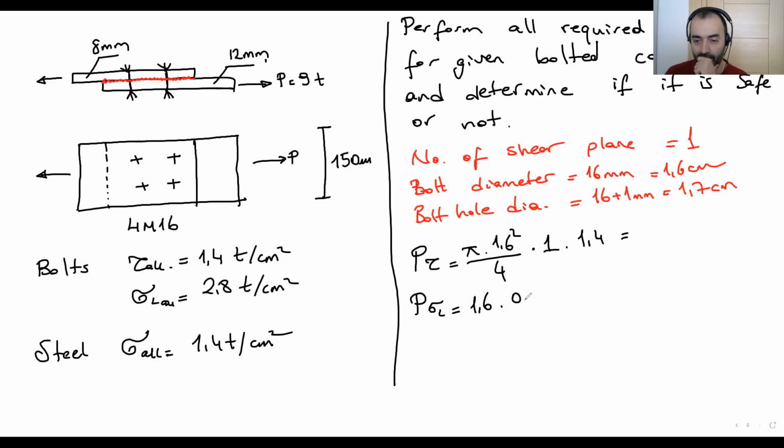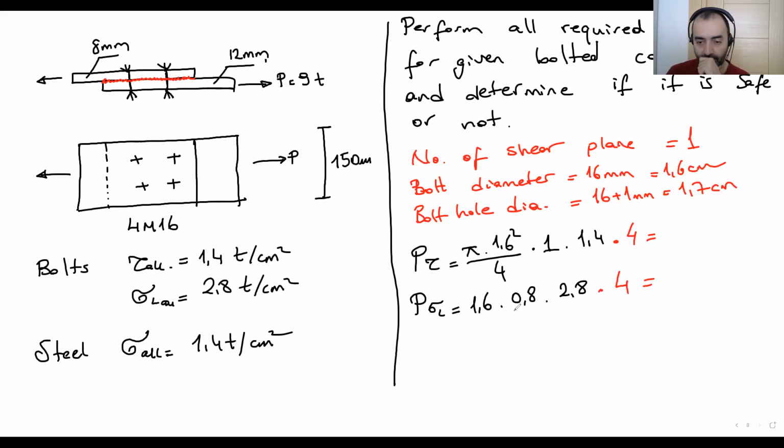So 8 times T min in centimeters times allowable stress. By the way, we can add now the number of bolts here. The number of bolts is 4. We can get the total capacity with this calculation.